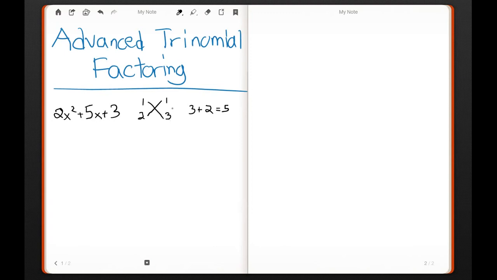Now, what does this little x with all of these numbers mean? Well, it's actually quite simple. These are the coefficients of the factored result. So we look at the top row, 1 and 1. So this is 1x plus 1, that's going to be x plus 1, times 2x plus 3.